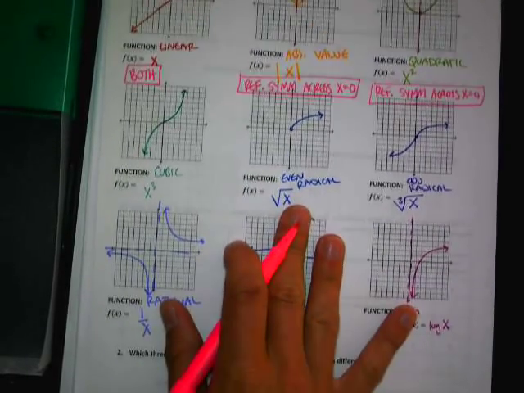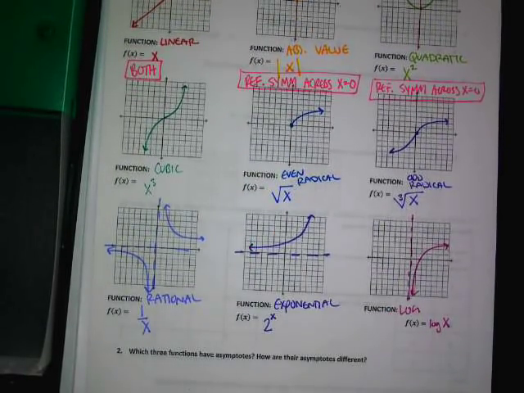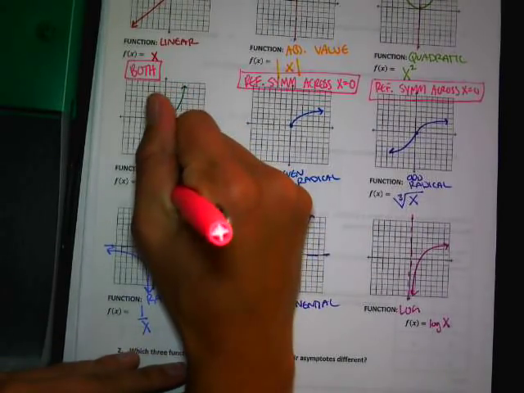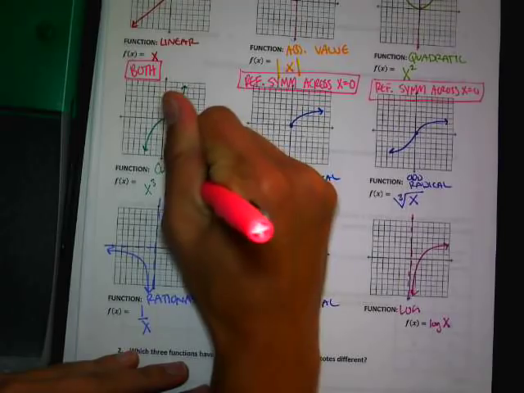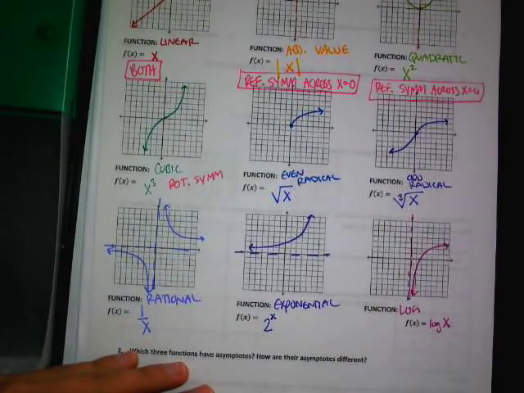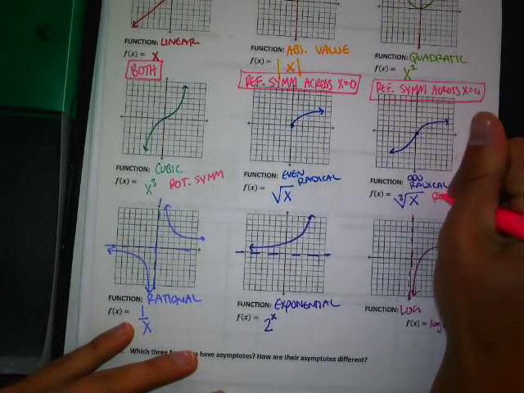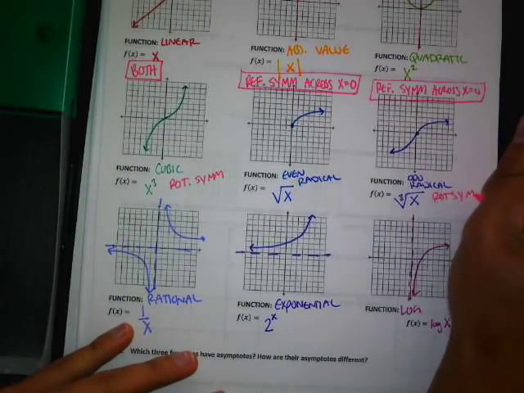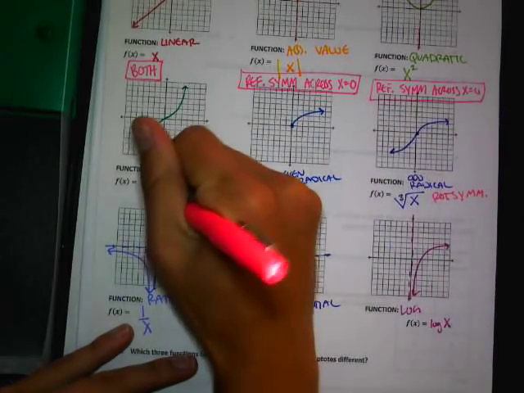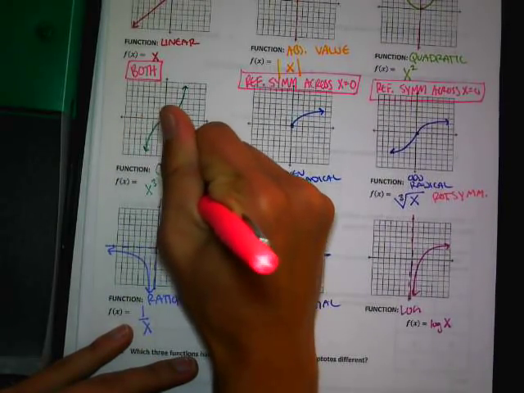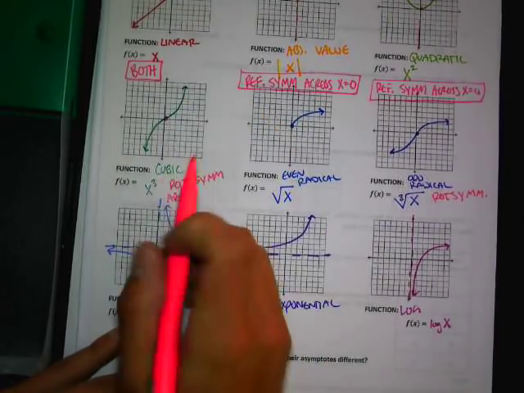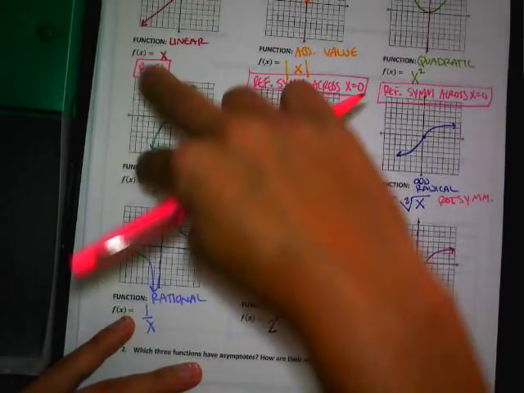For rotational, there are 3 graphs that are going to have rotational symmetry that we want to be descriptive about. First one is the 2 that look like S's. So the cubic has rotational symmetry and the cube root. And if you rotate it about this middle point right here, that's where it would match up.